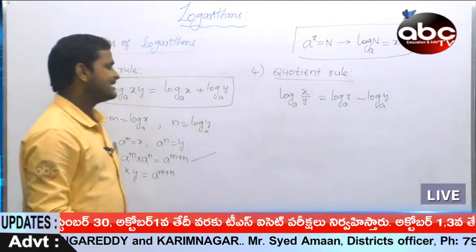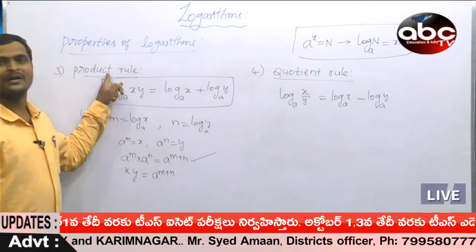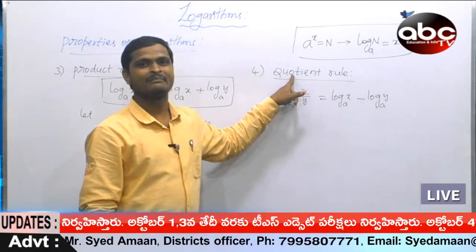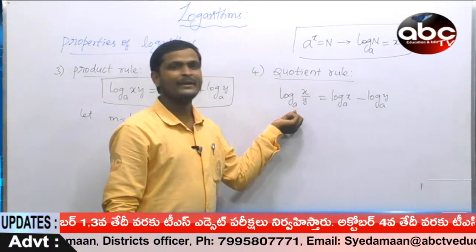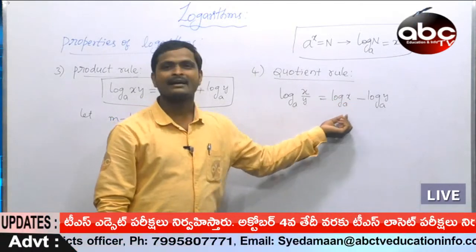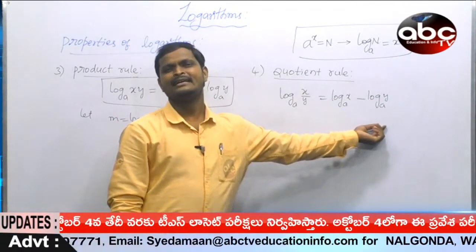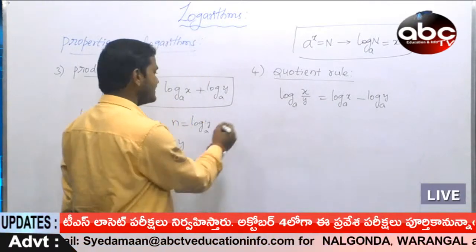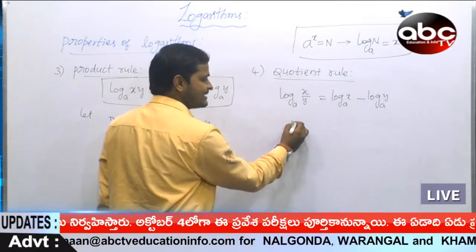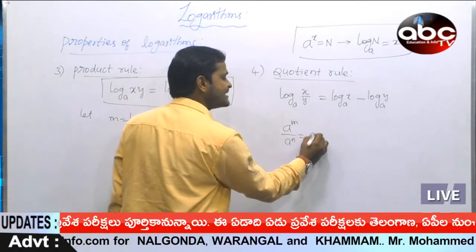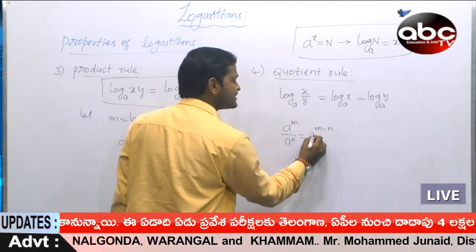Observe students, x into y, that is the product rule. x by y, that is the quotient rule. Is it clear? Then log x by y base a is equal to log x base a minus log y base a. How to prove this? We use one identity, the law of exponents: a power m by a power n is equal to a power m minus n.